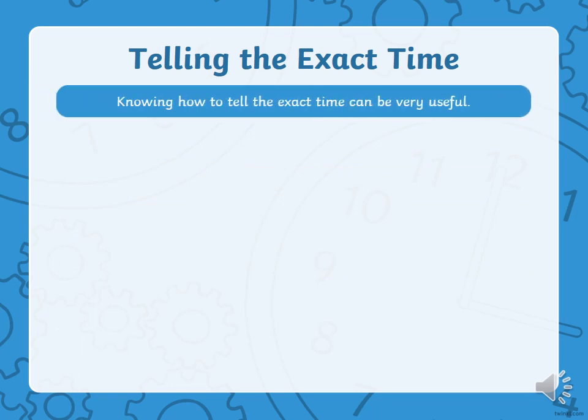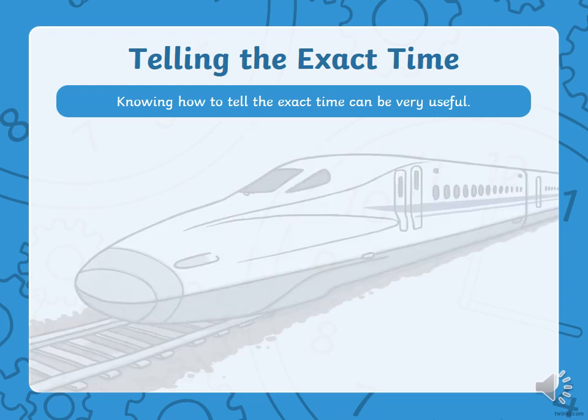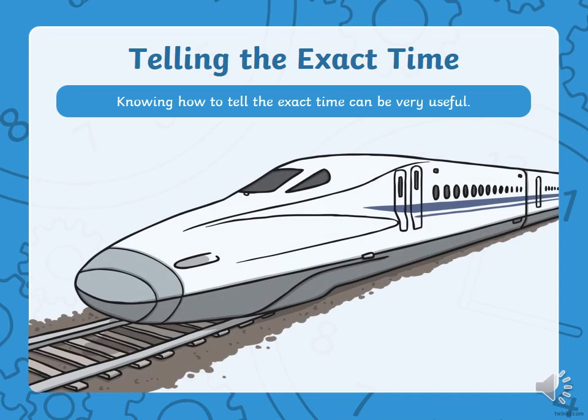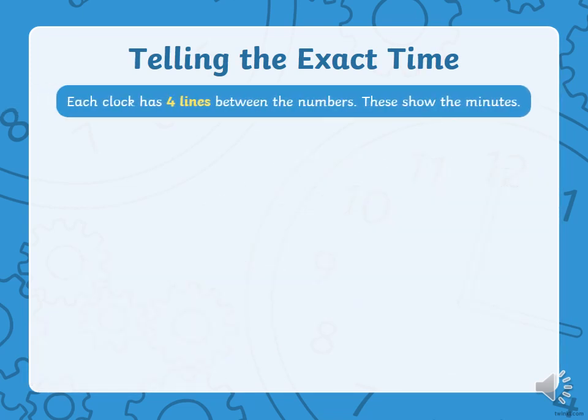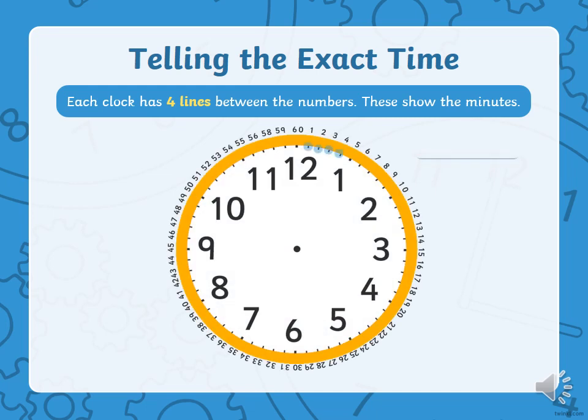So knowing how to tell the exact time can be very useful. Each clock has 4 lines between the numbers. These show the minutes.